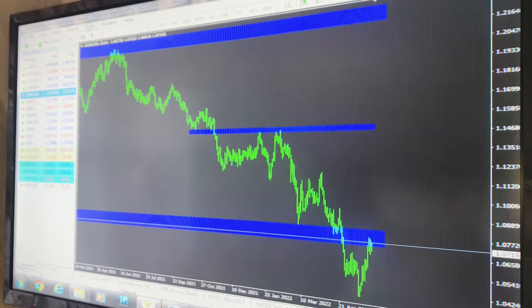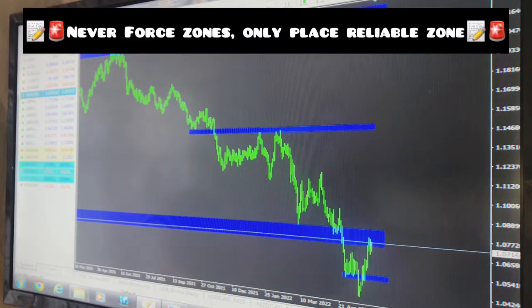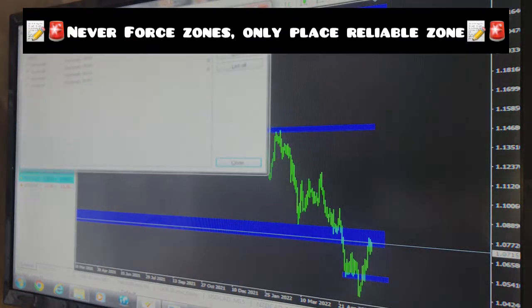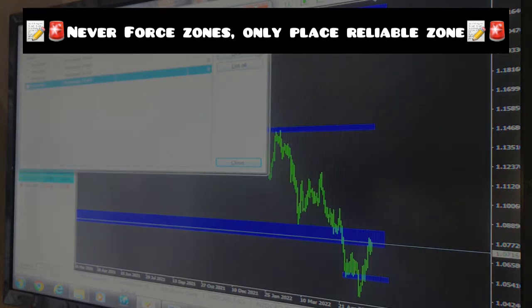Let's put another mini zone here where the market broke. We'll see this more clearly in the lower time frames, but for now, actually, let's not put that in. Let's take this out.